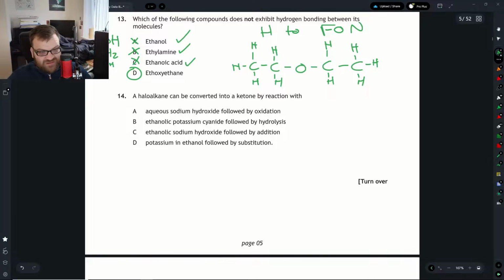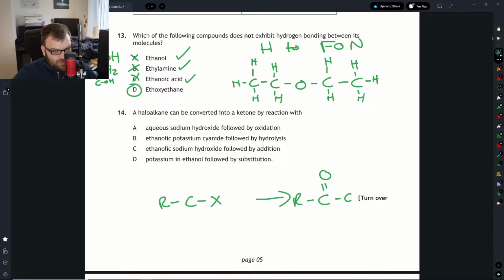We're converting a haloalkane into a ketone. So we've got that turning into something like that. A typical way of getting a ketone is from the oxidation of an alcohol.